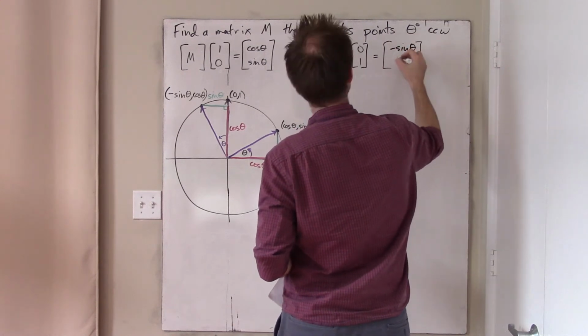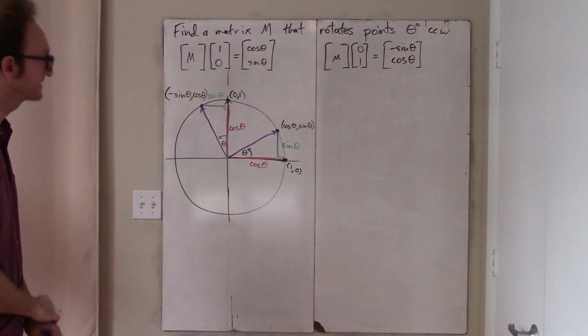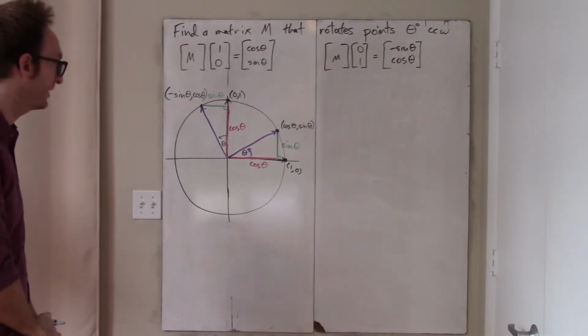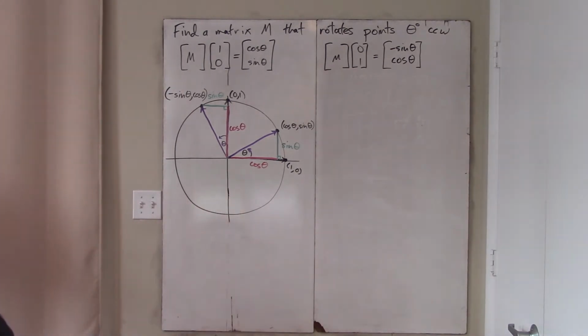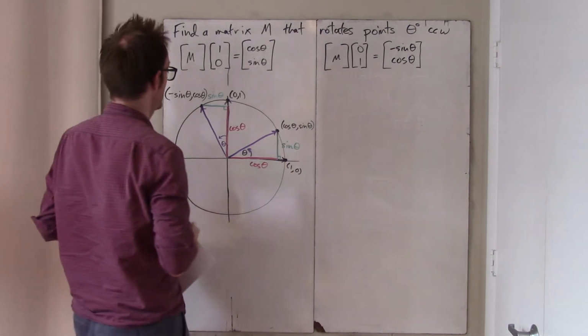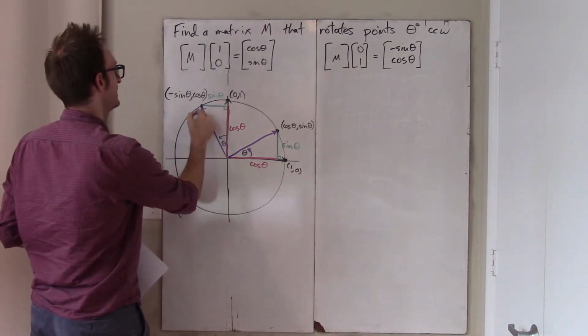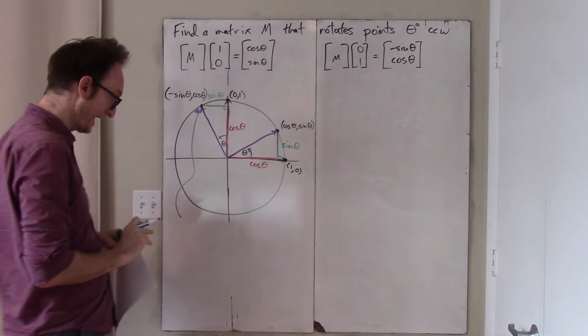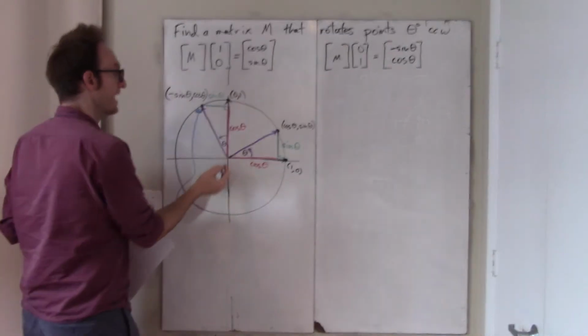If you are skeptical of this or don't like your proofs to be via picture, there's another way to do this. It's a little bit more formal, which is that this point right here, after all, is a point on the unit circle. So can't we use the definition of the trig functions? Yeah, we can.